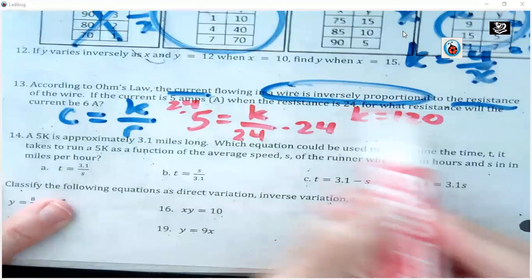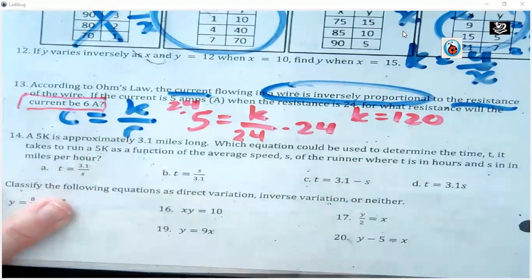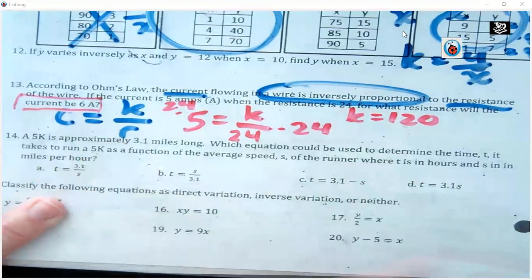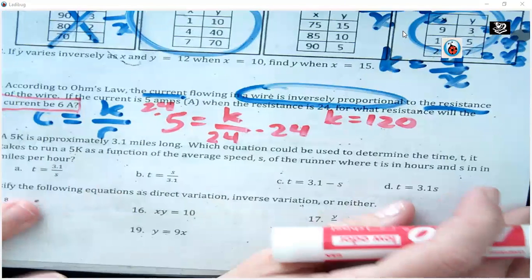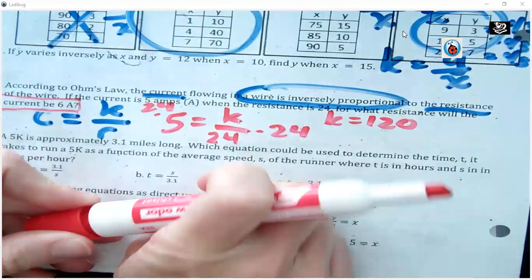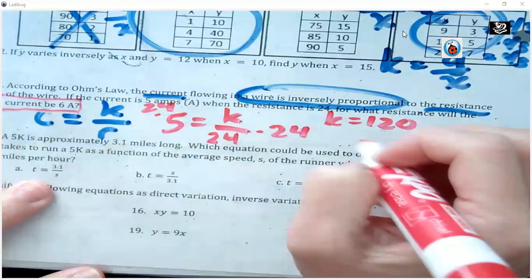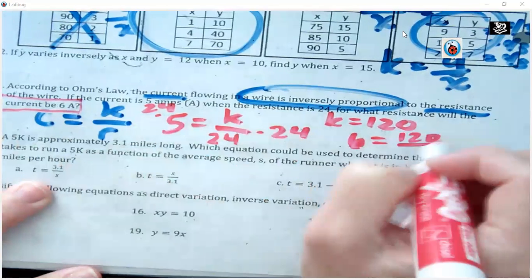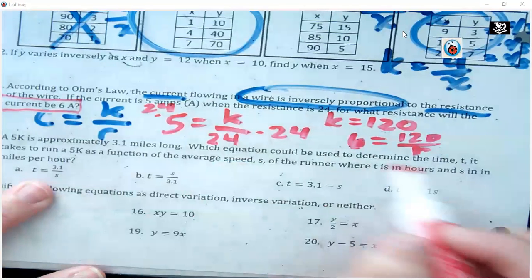What will the resistance be when the current is 6? So what am I plugging 6 in for? C. So 6 goes in for C. I know K is 120 and I don't know R. How do I solve for R?